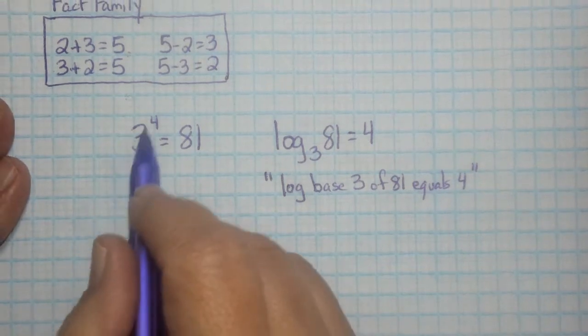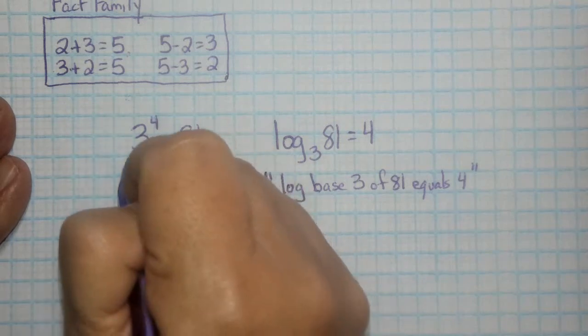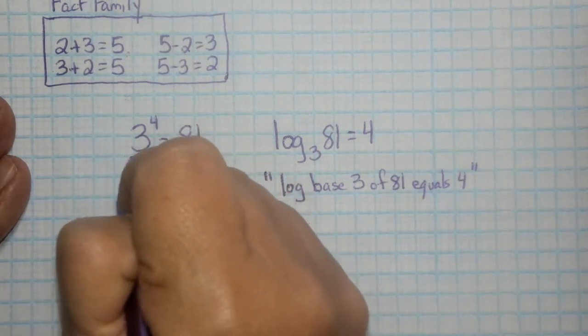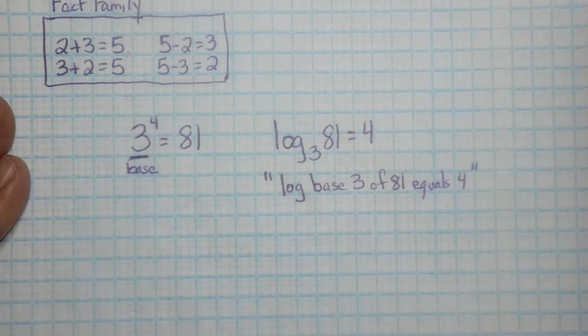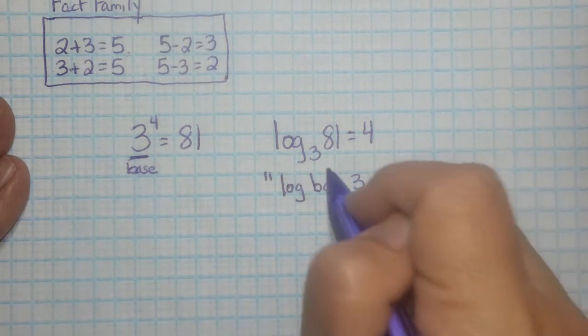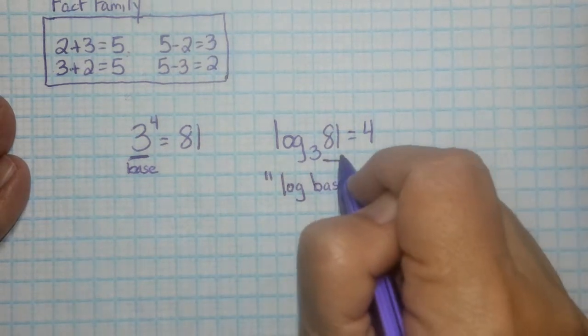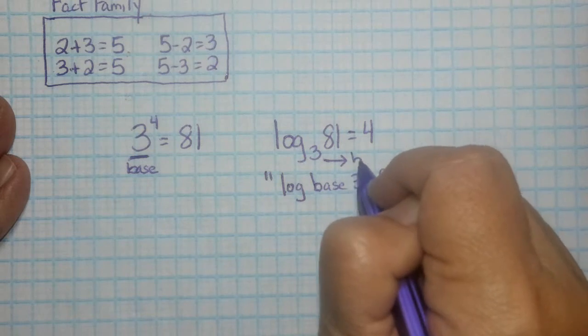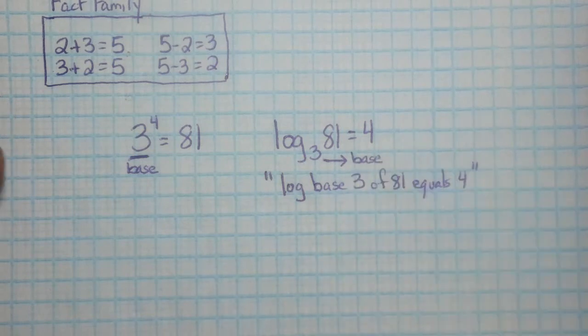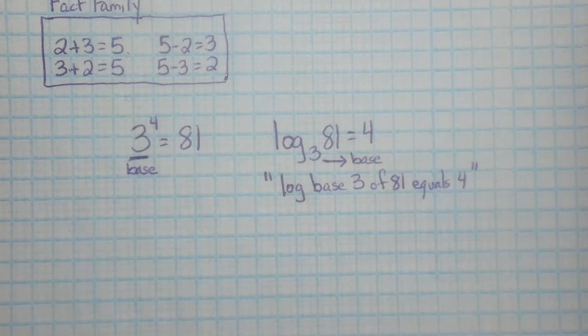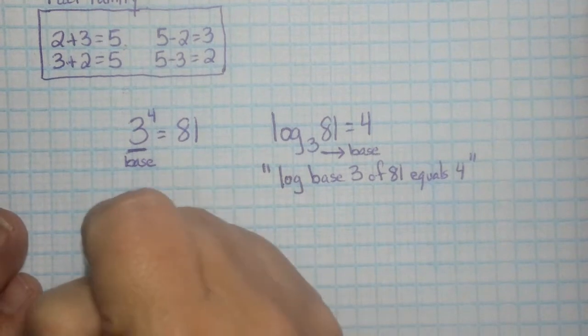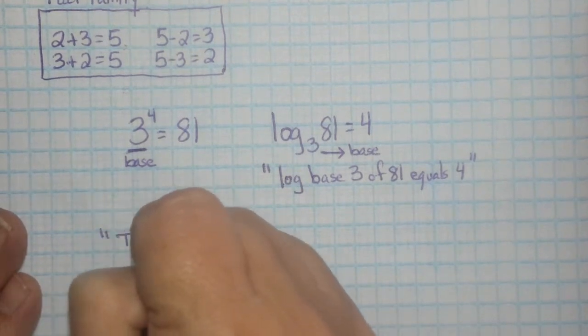So in our exponential equation, the number 3 is the base. We talked about that last time. And in our logarithmic equation, the number right there is the base. So when you are converting from exponential to log or log to exponent, if you just remember, the base is the base.